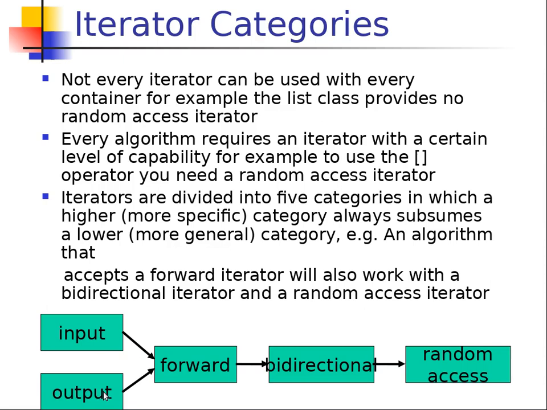Similarly, if you're writing to a screen, you can't write to the past, you can only write forward. So there are instances where you can only have input or output. Usually they're forward. Bidirectional, array, linked list, you can go both directions. Random access in general only applies to arrays, either our regular vector or the map. Otherwise, everything's going to be essentially bidirectional.